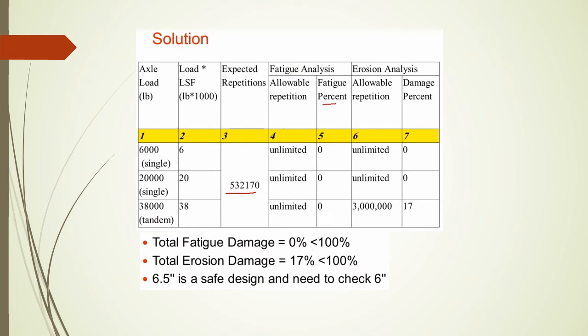However, for the erosion, the single axles are unlimited and the tandem axle produces a damage percent of 17. So total fatigue damage is 0. So this concrete slab will not fail under fatigue by any means. The total erosion damage is 17%, which is less than 100, so we are safe. So 6.5 inches is a safe design, and we need to check 6 inches to be economic in our design.